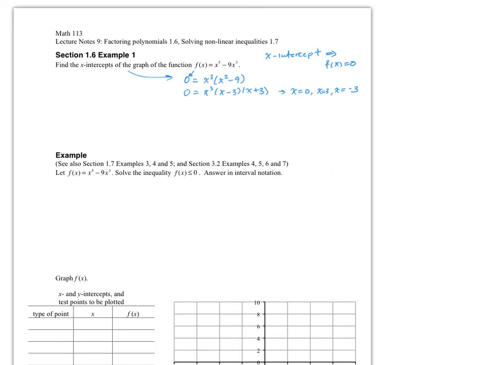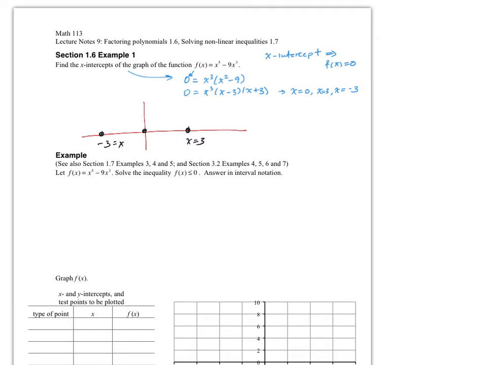So now what we can tell so far is the following. We're going to get into more details of this very soon. But you know that at -3, at 0, and at 3, these are x-intercepts.